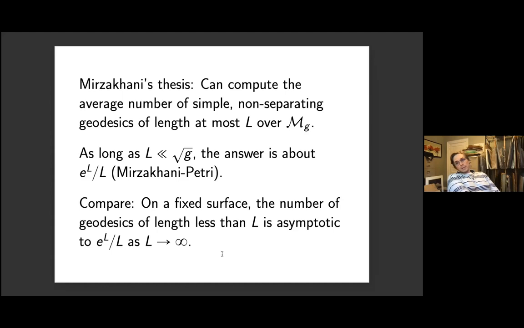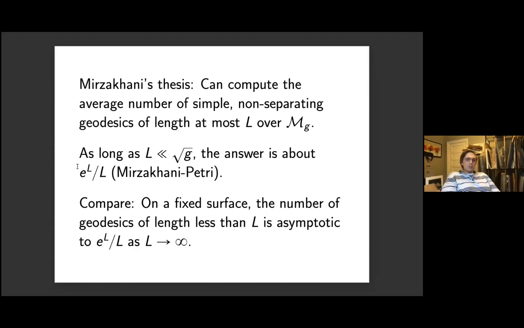So if we're being very naive, ignoring the fact that this has only been proven as L goes to infinity, we might extrapolate and say, as a benchmark, let's say we're expecting about e to the L over L geodesics of any given length, even of fixed length. Keeping in mind we have to take that with a very big grain of salt.